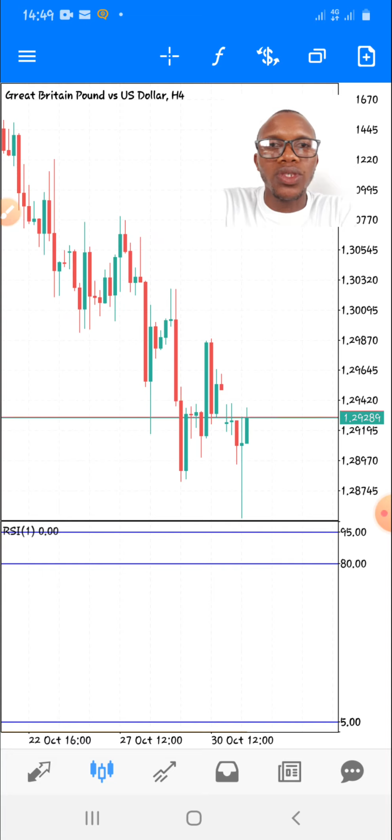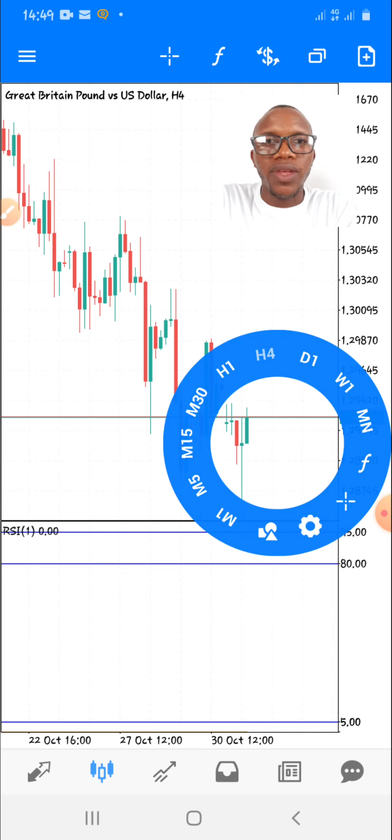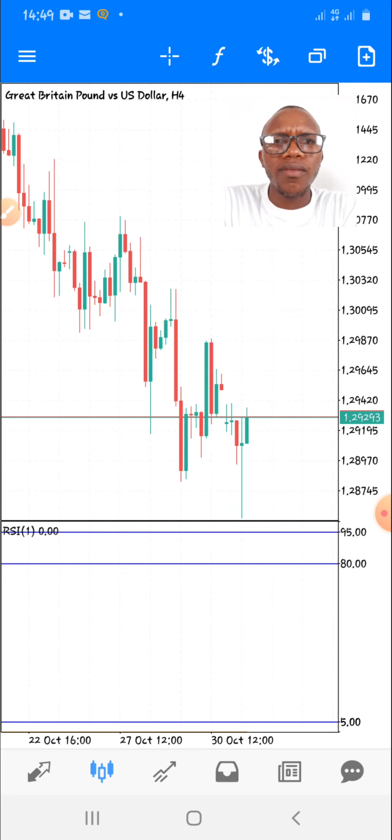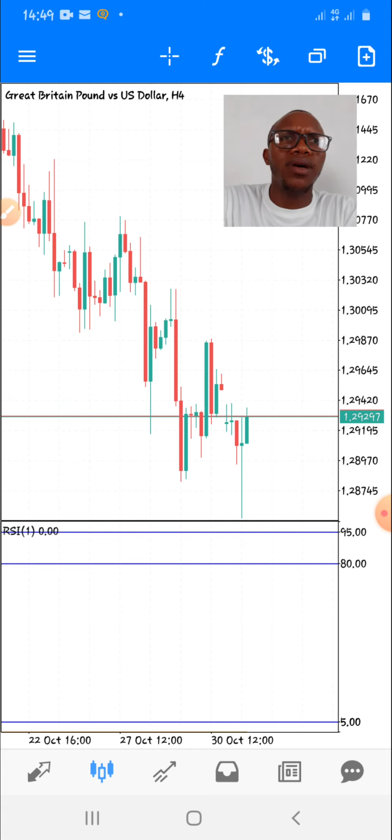We will only use a very clean chart, a plain chart, where there will be no indicator involved. In this strategy you will be able to detect the positive movement of the market, whether it's a sell or a buy, whether it's a reversal.